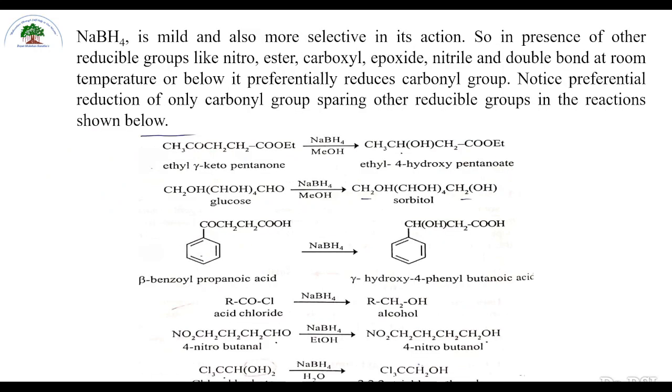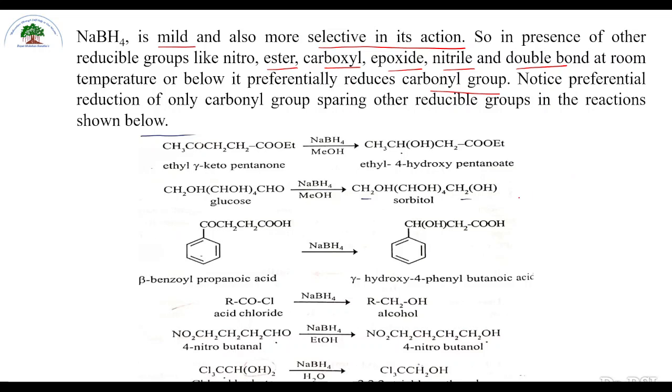Sodium borohydride is mild and also more selective in its action. As it is mild, that means not so strong, so it is selective. In the presence of other reducible groups like nitro, ester, carboxyl, epoxide, nitrile, and double bond at room temperature or below, it preferentially reduces the carbonyl group only.